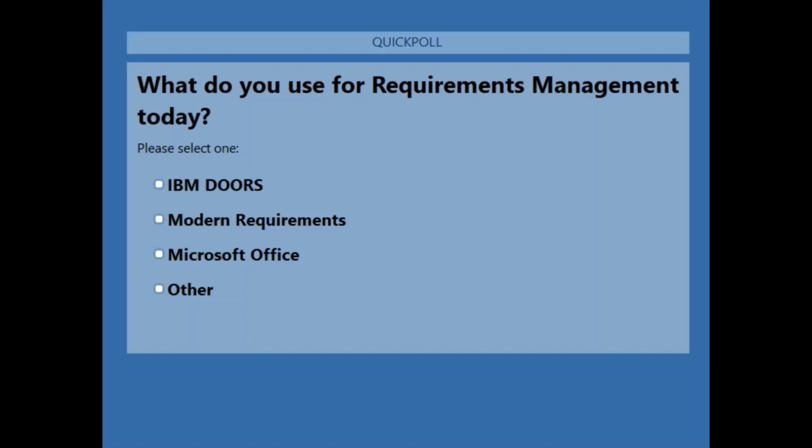How many of you use Doors and others? We're seeing about 40% of the audience are still using Office. 15 or so percent are using Doors, and a quarter of the audience is using Modern Requirements. So thank you for that.